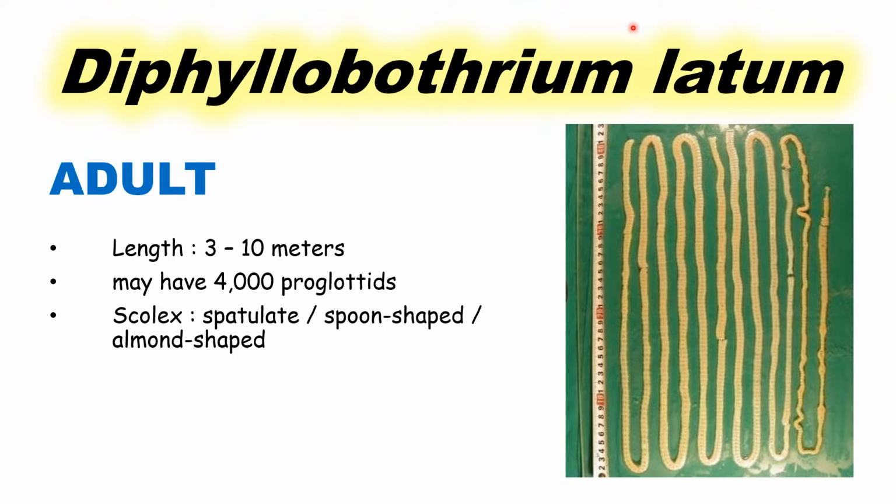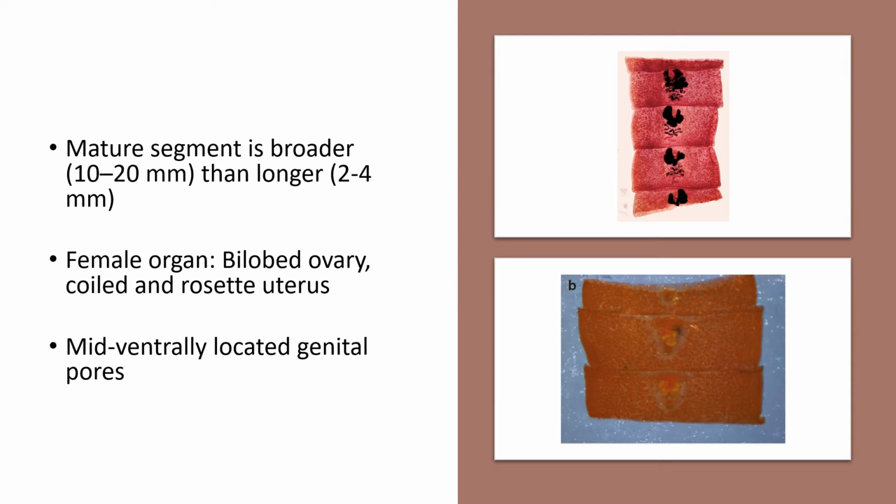Take note, bothria is what we call its sucking grooves, located dorsally and ventrally. Now, let's proceed with its proglottids. Its mature segment is broader than its length, which is shorter.